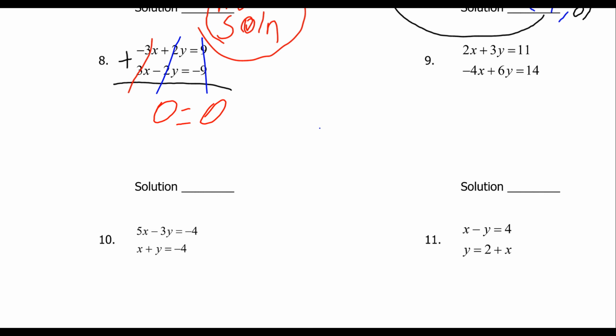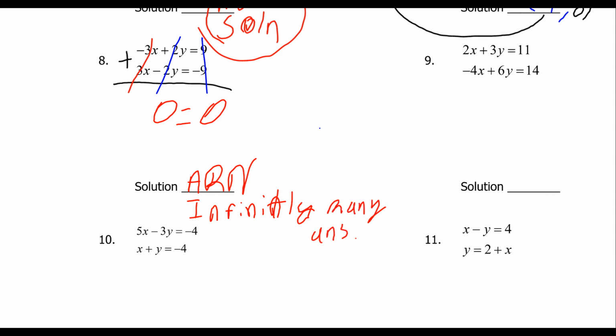So, for the solution here, we can say all real numbers. We can say infinitely many answers, or we can say infinite solutions. Whatever you like. It depends on what your teacher likes.